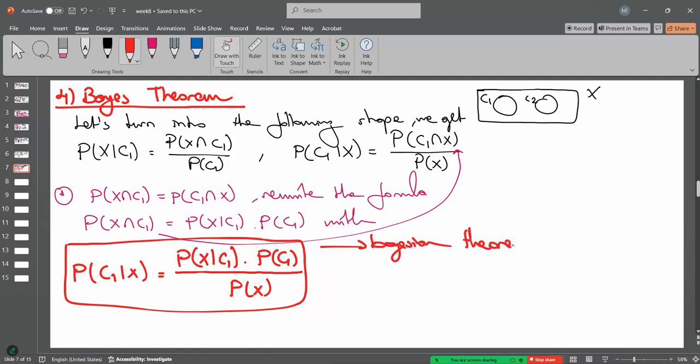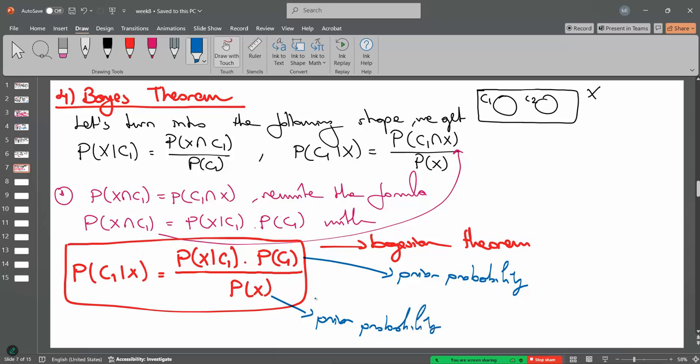Okay? And also this is the prior probability. But this is the likelihood. Just remember the expectation maximization algorithm. We always calculate the likelihood based on the normal distributions.